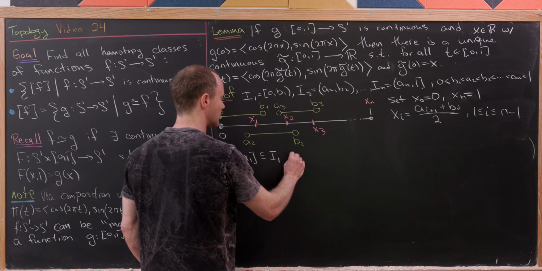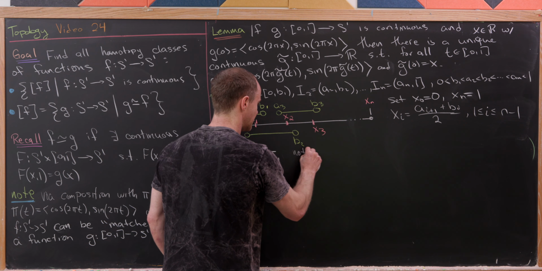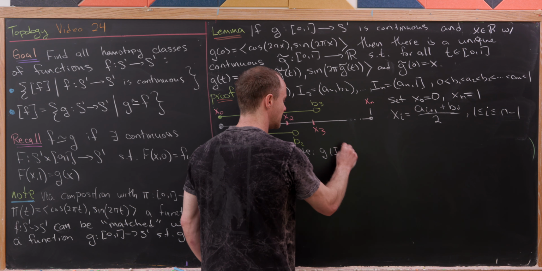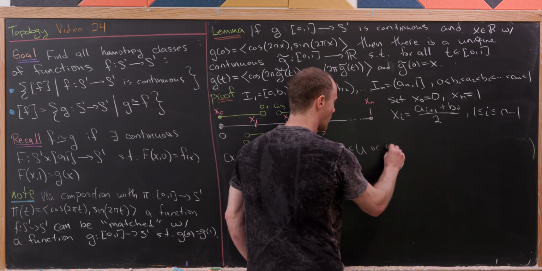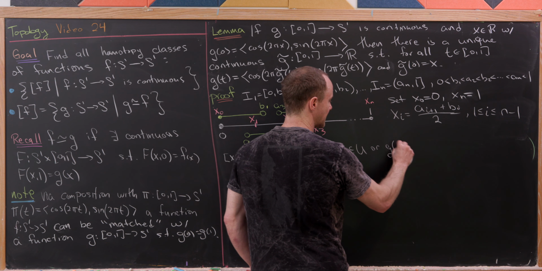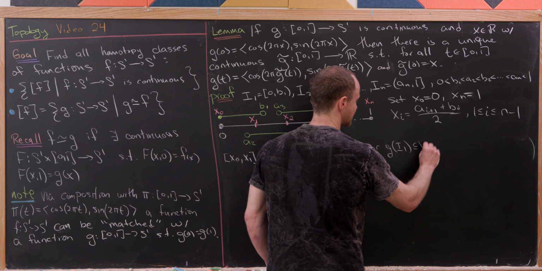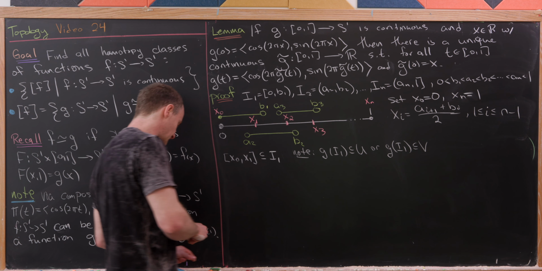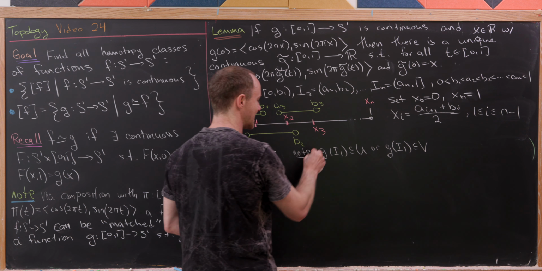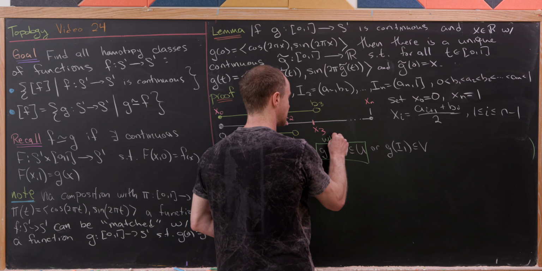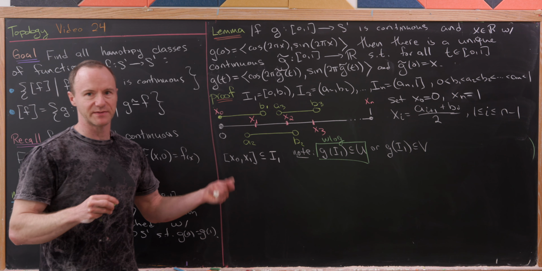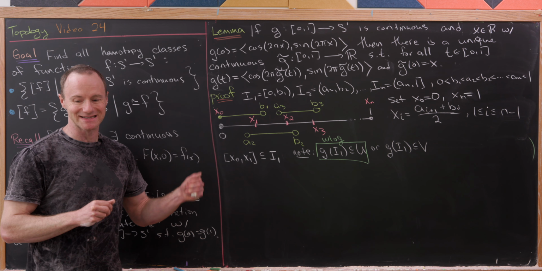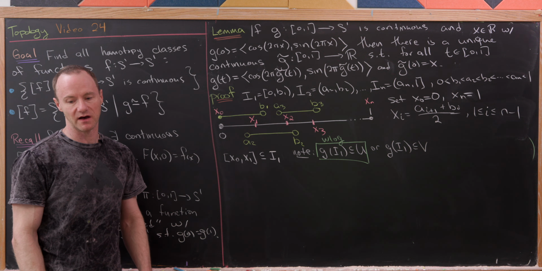Okay, but now let's also note that if you take g and you apply it to I1, you'll either end up in U or you will end up in V. So I'll just write g of I1 is a subset of U or it's a subset of V. Now, without loss of generality, let's assume that it is a subset of U. Now, why? Because it's got to be a subset of one of them. We might as well take it to be U for the sake of argument. The argument is exactly the same as if it's a subset of V.